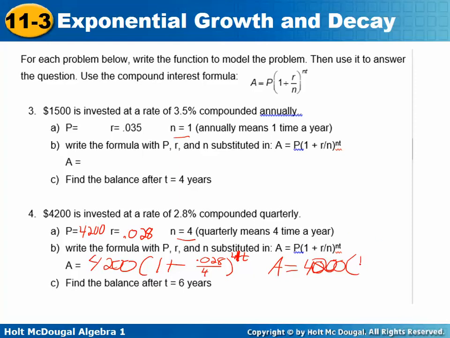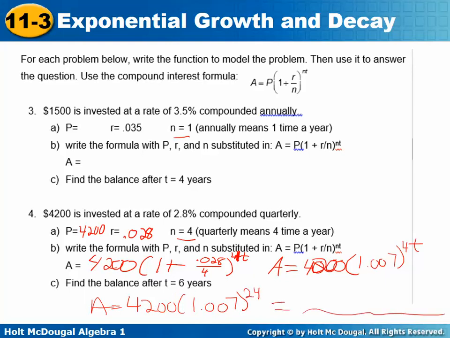So we have to take 1 plus 0.007, and then that will be to the 4t. So this is the answer for B. And then in 6, we use this formula, except that we plug in that t is equal to 6. So 4 times 6 is 24. And then you calculate this on your calculator and you will find your answer.